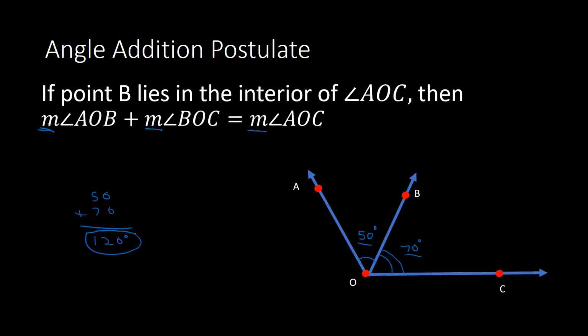If the M was not there, we'd just be talking about the shape, angle AOB. But I'm concerned about the size of the shape, or the measure of the angle, so the M signifies the measure. The measure of angle AOB was 50 degrees, and the measure of angle BOC was 70, so the measure of the entire angle AOC would be 120 degrees.